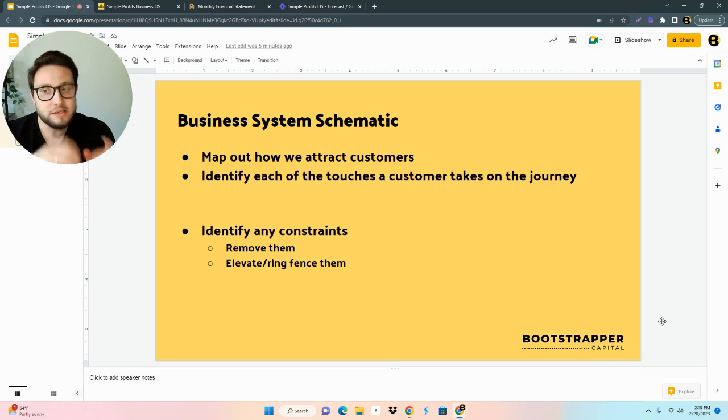So the reason why you want to do that is because that's the simplest possible way to improve the business as quickly as possible, both from a customer experience perspective. Again, any friction points that you can take out of the customer journey or the business system schematic itself, the better customer experience typically there is, as long as you're still delivering to the outcomes of that goal or that objective of the business system at that stage.